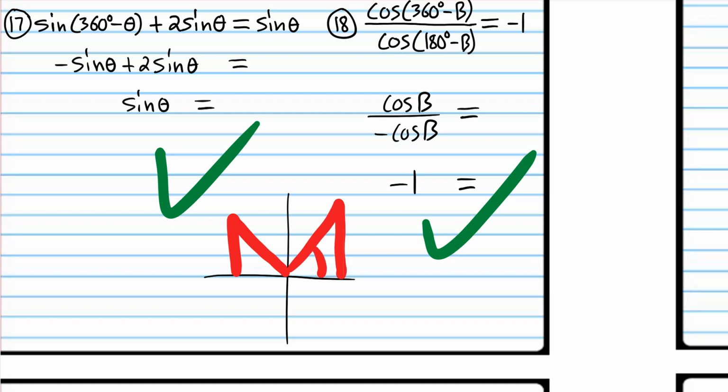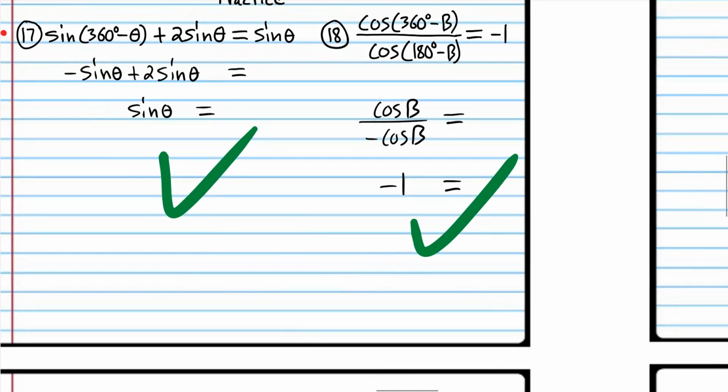If we consider this to be beta and this to be 180 minus beta, what is the difference? The difference is this side is positive and this side is negative. So that's why a negative pops out. You have to multiply by negative in order for those expressions to be equal.